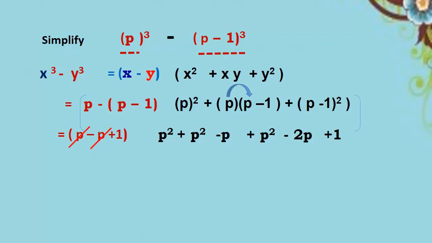Don't forget to write 1, children. Now look here. p square plus p square plus p square is 3p square, minus p and minus 2p will be minus 3p, and plus 1. So it is not necessary that every time the terms get cancelled. And anything into 1, the answer will be 3p square minus 3p plus 1.